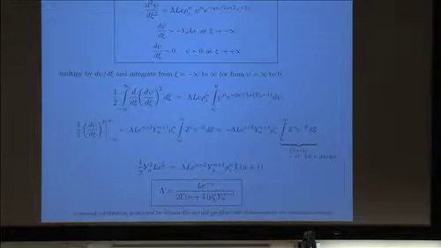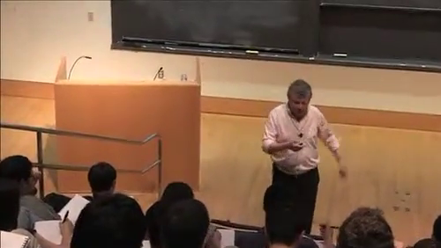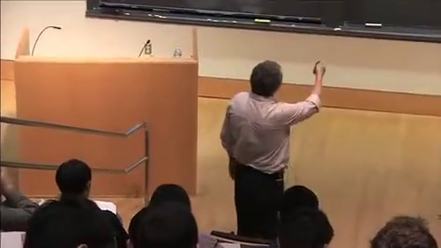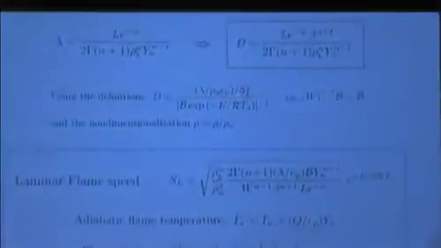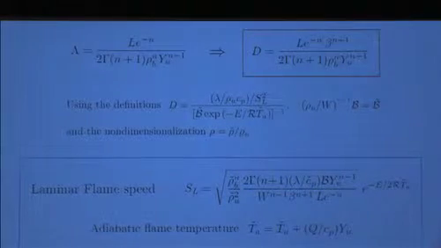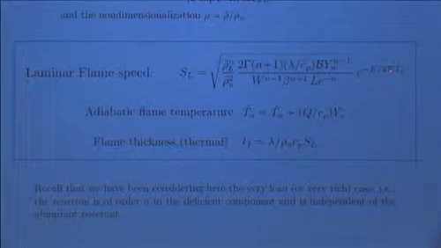Now remember I told you that capital Lambda is essentially related to the Damköhler number D. So if we know lambda, we know D. So this is what we are doing next. We know lambda, we know D, and since D by definition involves the laminar flame speed, we end up with an expression for the laminar flame speed. So here is the expression for the laminar flame speed.